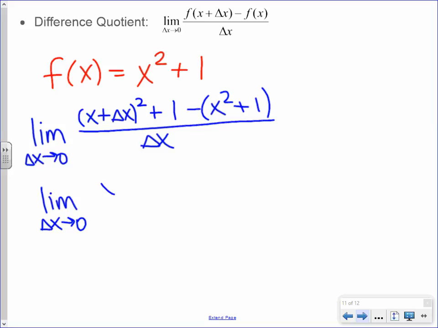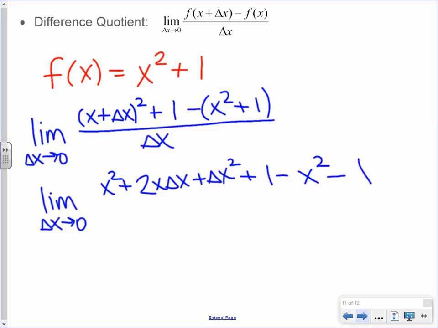Okay. So we have x squared plus 2x delta x plus delta x squared. Do you agree with my foiling? Plus 1 minus x squared minus 1.